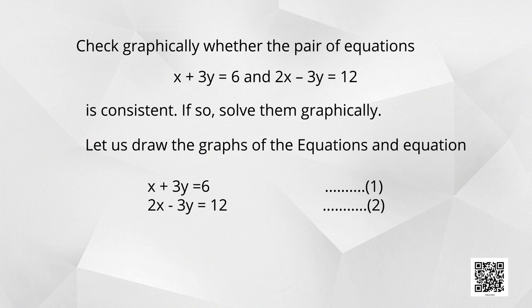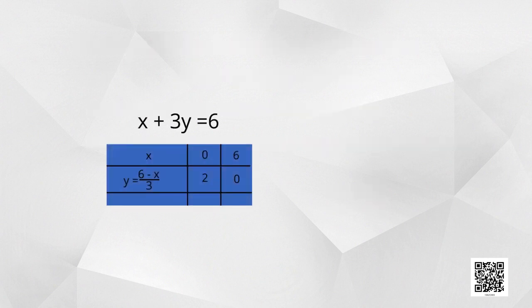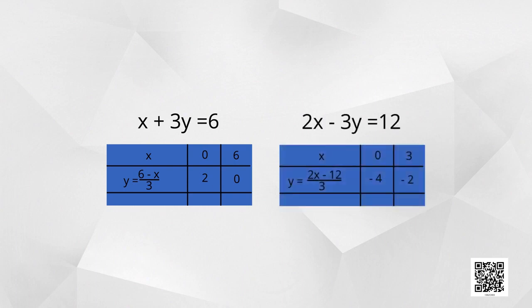Let us find the solutions for equation number 1. x equal to 0 and y equal to 2 is one solution, and x equal to 6 and y equal to 0 is the second solution for equation number 1. Now let us find the solutions for equation number 2. x equal to 0 and y equal to minus 4, and x equal to 3 and y equal to minus 2. These are the solutions for equation number 2.